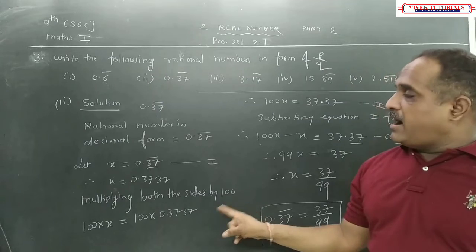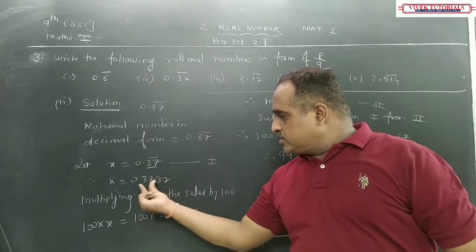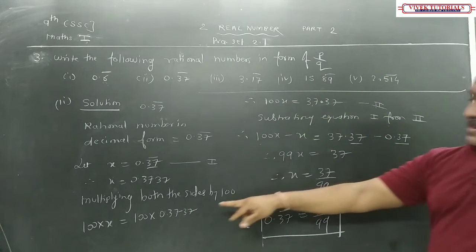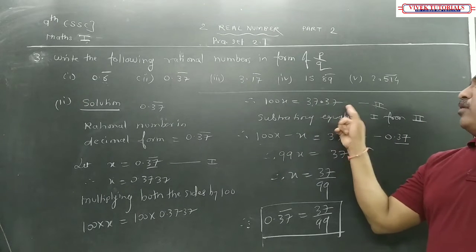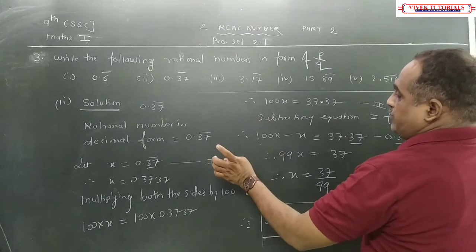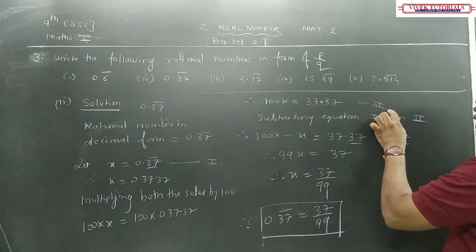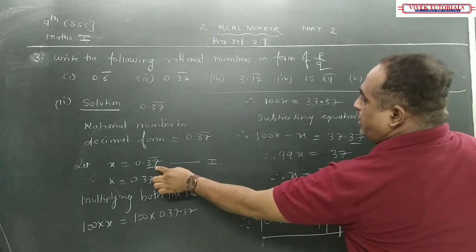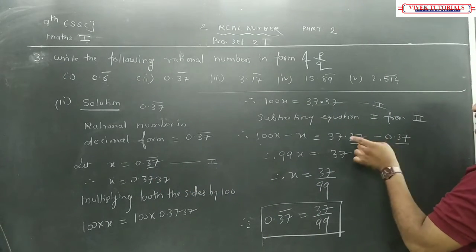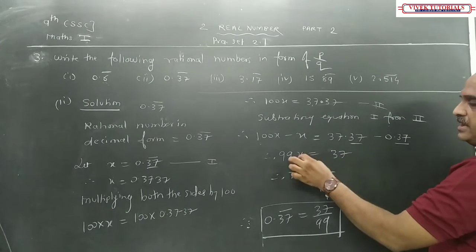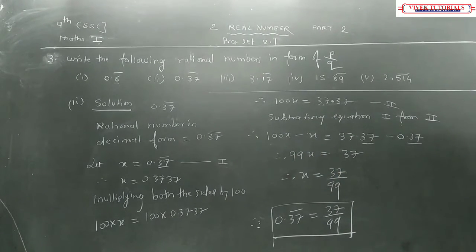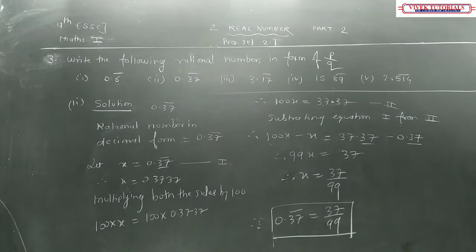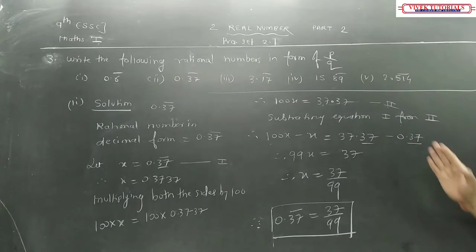Multiplying both the sides by 100, so 100 into x and 100 into 0.3737. When multiplied by 100 it becomes 100x, and after multiplying, two decimals: 37.37. Now what will we do? We are going to subtract equation 1 from 2. So 100x minus x, 37.37 minus 0.37. So what you got? 37.37 is cut, what is left with you? 37. So 99 is transferred here, x is equal to 37 by 99. So 0.37 is equal to 37 by 99, which is the answer in the form of p upon q.